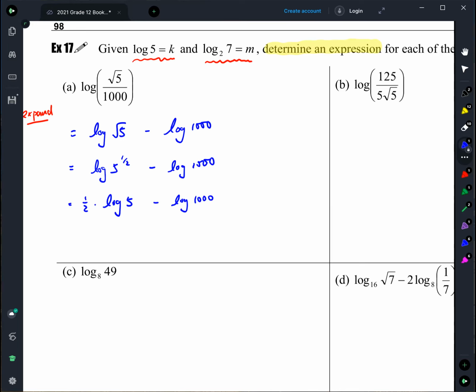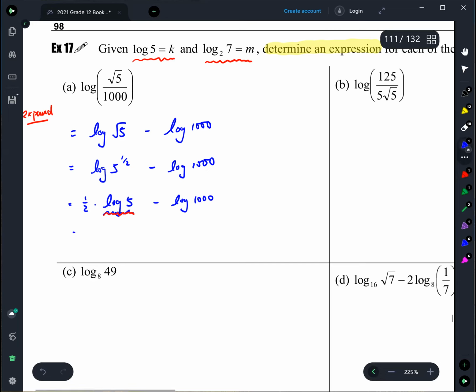All right, any questions? So why do we want to do that? Once you get to this point, you can look at our expression, the one I underlined with red. Log 5 can be replaced with K, and log base 2 of 7 is M. This one doesn't have anything to do with base 2, so the only thing I can replace is log 5.